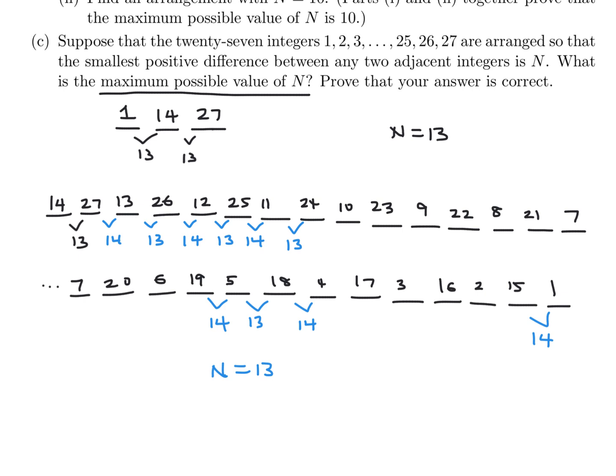Because 13 is, from this scenario, the smallest you could get for 14, right?